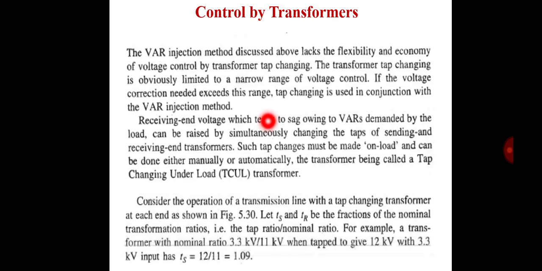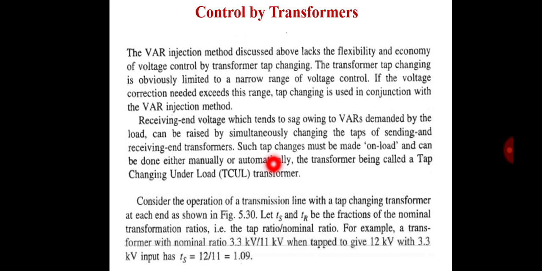So here is the limitation: narrow voltage range. Receiving end voltage, which tends to sag owing to VARs demanded by the load, can be raised by simultaneously changing the taps of the sending end and receiving end transformers. Such tap changes may be made on load or off load.